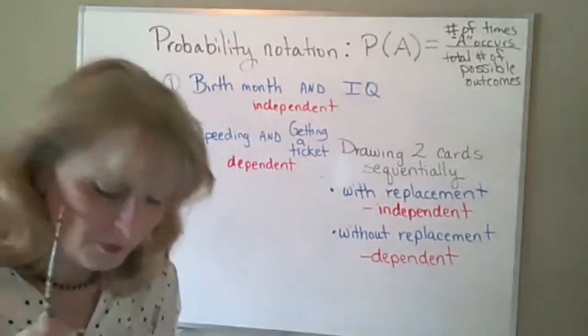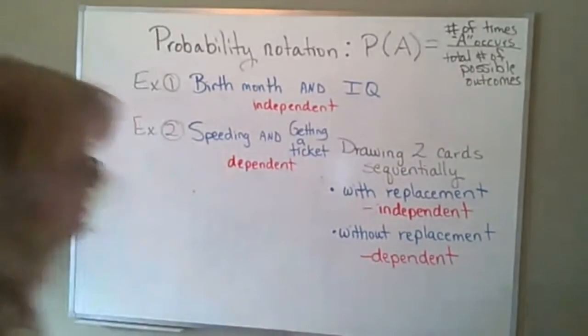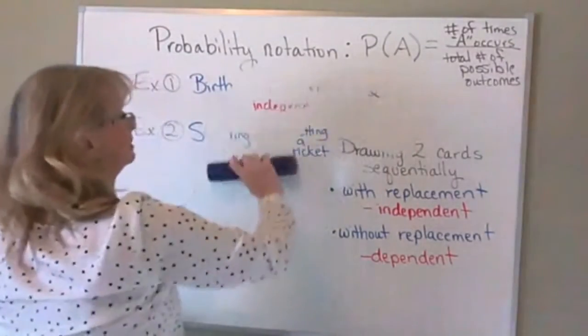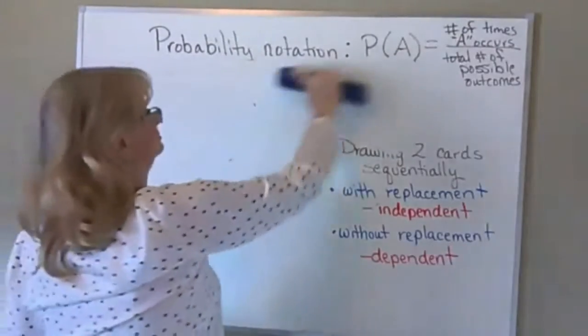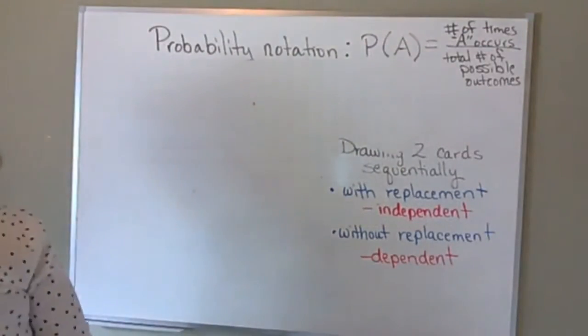Okay, so you're going to have some problems like that in your homework. Right. So I'm going to erase this and we're going to talk about another thing. I'm leaving that up there for a reason, so we're going to refer to that.